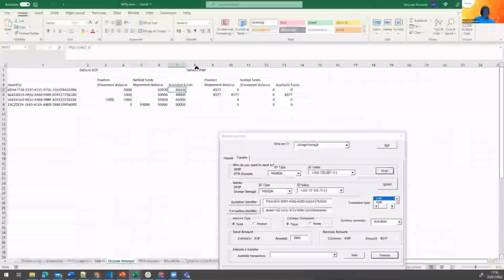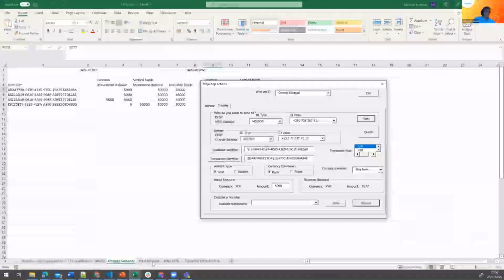It's also got entries in the Rwandan francs ledger, but these always sum to zero, because it's got money coming in from the currency converter, Blue Bank, and then the same amount of money going out again because it's being used to fund the transfer. So that all sums to zero.